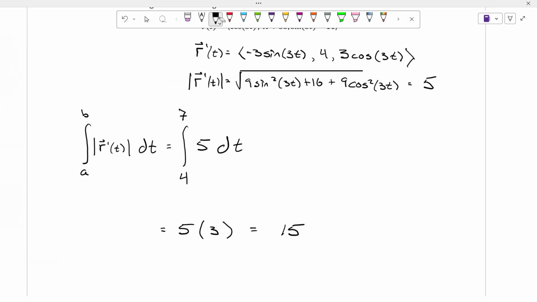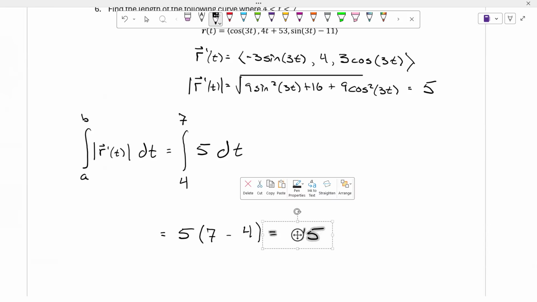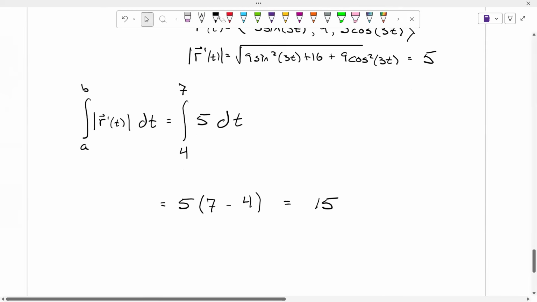Maybe I can expand that slightly: 5 times (7 minus 4), which is 15. Cool, so 15 is the answer I got there.